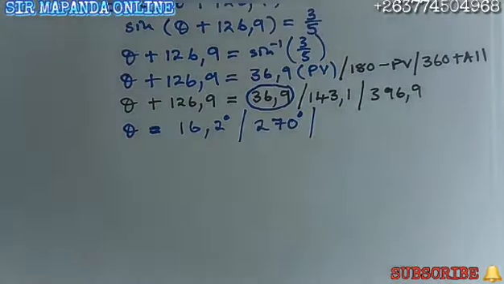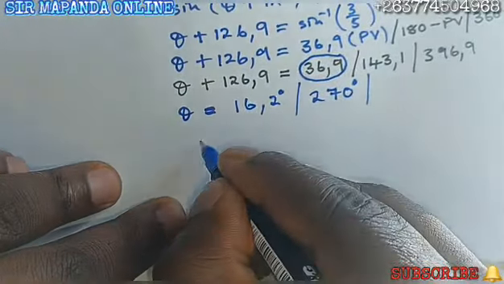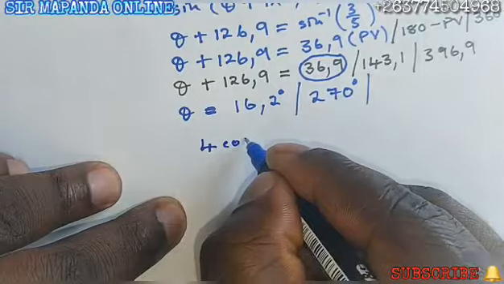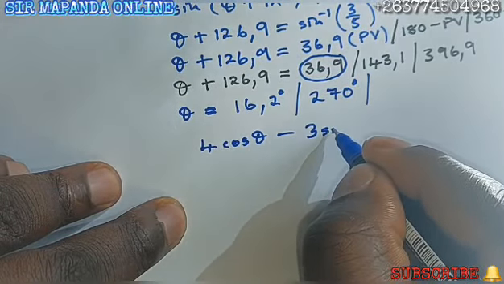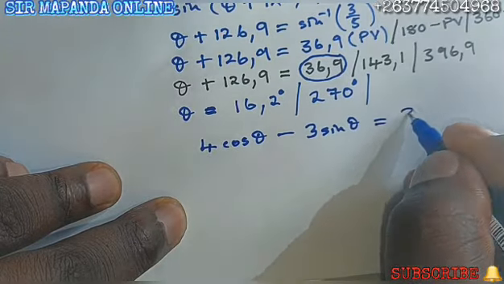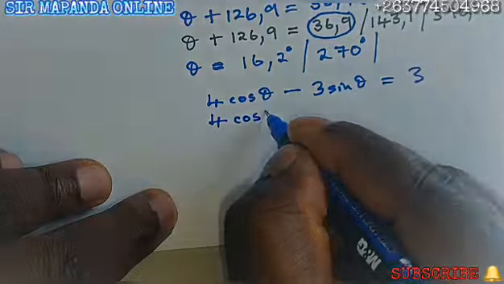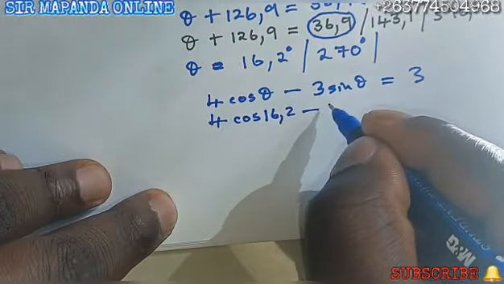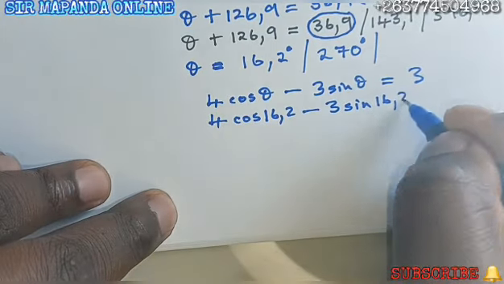So you can even test whether the answers are correct. You can even mark it yourself. Remember, the equation is 4 cos theta minus 3 sin theta is equal to 3. So we are going to say 4 cos 16.2 minus 3 sin 16.2.